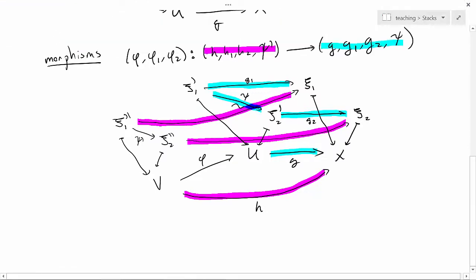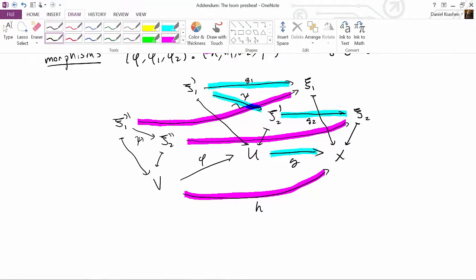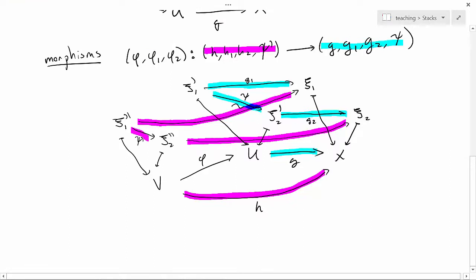And so now a morphism between these two diagrams, from the purple to the blue, and this psi prime is also part of the data of the purple, is going to be Cartesian arrows phi1, phi2 over phi, such that the diagram above commutes.